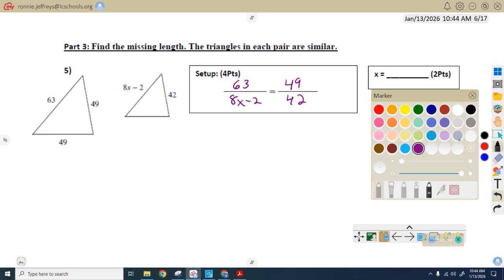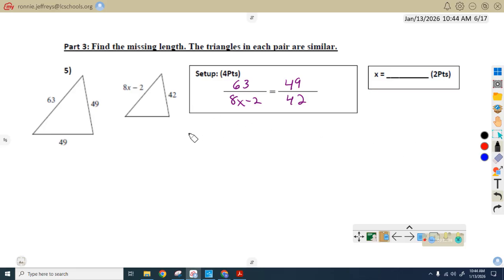Now, when we cross multiply, okay, we're going to have 49. Sorry, I just buffered there for a second.